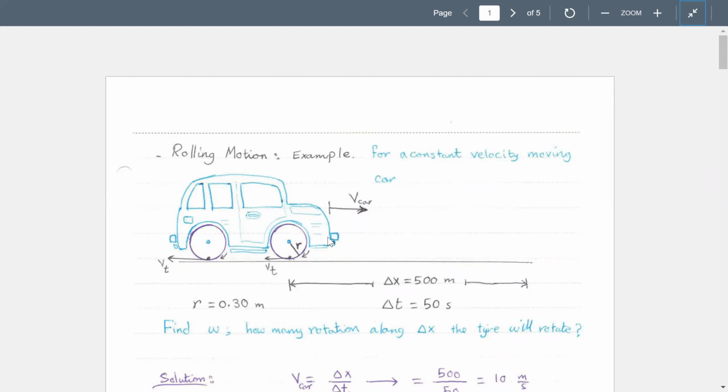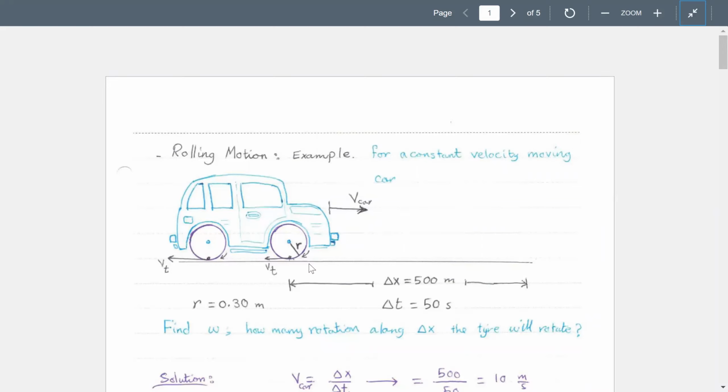As the car goes forward with velocity v car, its wheels are moving by a rotational motion, and the radius of each wheel is r. There is a tangential velocity for this wheel, which is the same at all parts of the wheel. At the bottom of the wheel, the tangential velocity is backward, as you know. Because of that, the car will move forward.